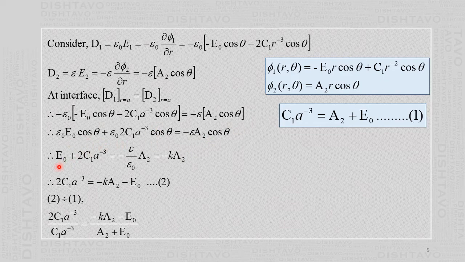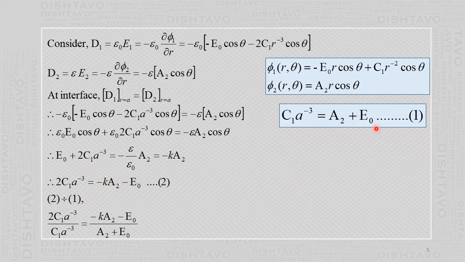Divided by epsilon 0, you got E naught plus 2 C1 a raised to minus 3 equal to minus epsilon by epsilon 0 A2. And epsilon by epsilon 0 is nothing but K, the dielectric constant. Therefore, we can write this as 2 C1 a raised to minus 3 is minus K A2 minus E naught.